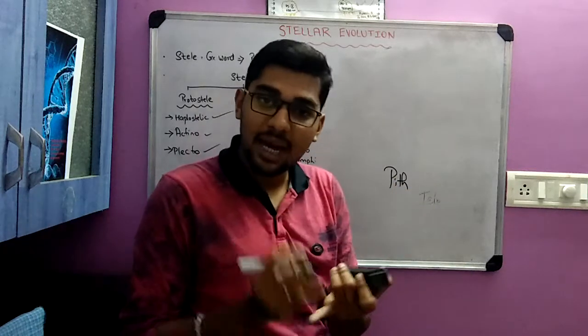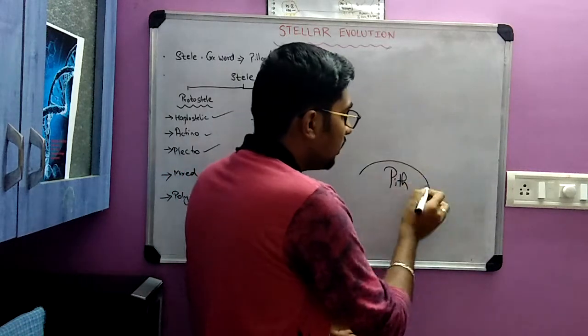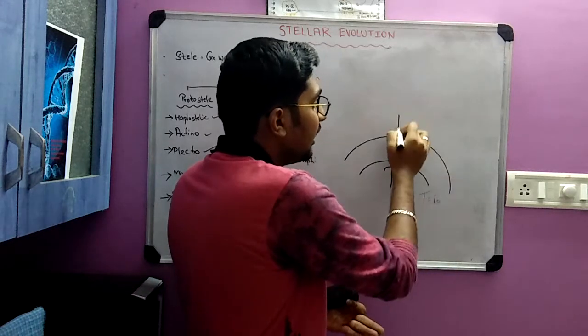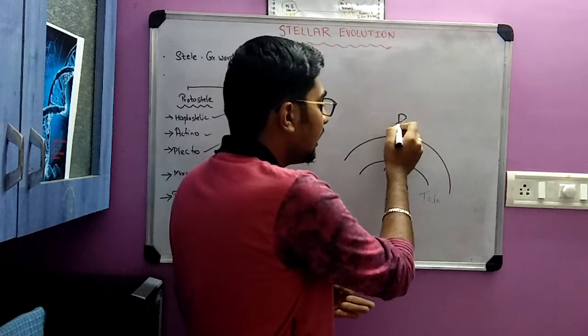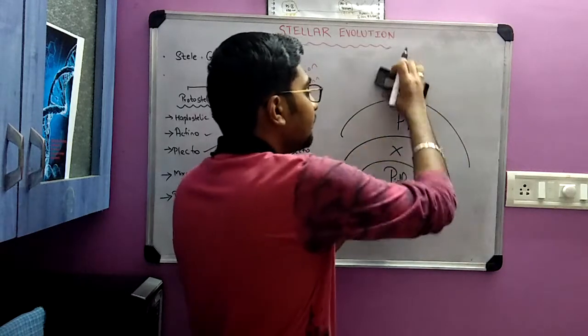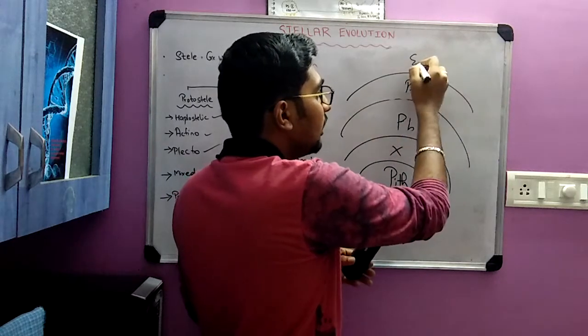As I said, it may be parenchymatous, sclerenchymatous or a hollow cavity, surrounding which you have xylem, the water conducting tissue, surrounding it you have phloem, the food conducting tissue, surrounding it you have pericycle, and surrounding the pericycle you have endodermis.